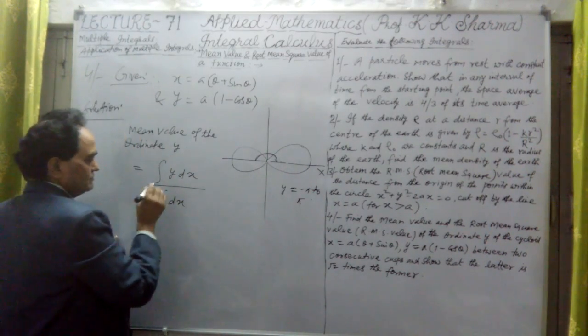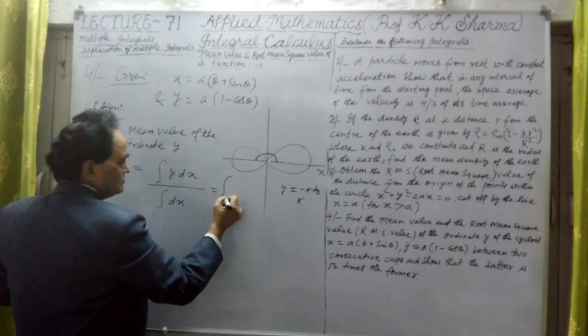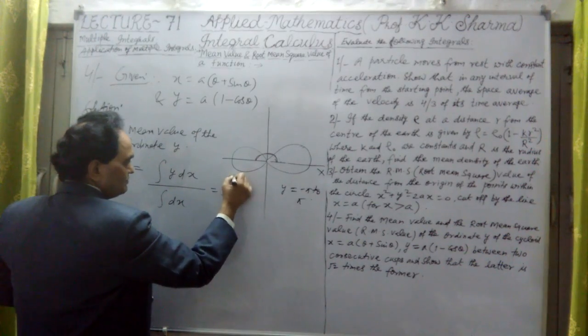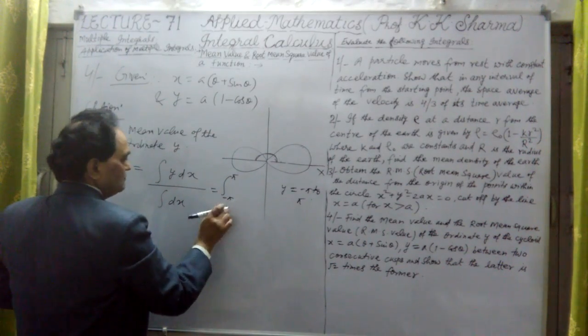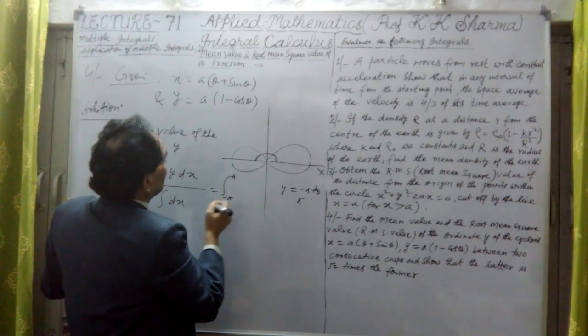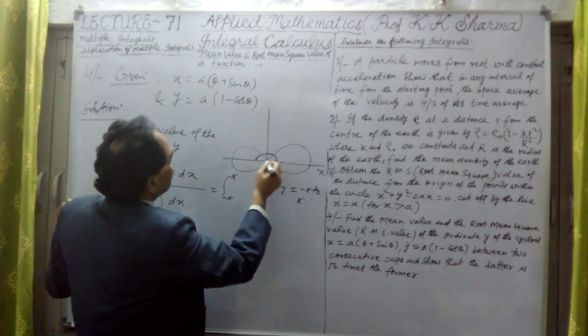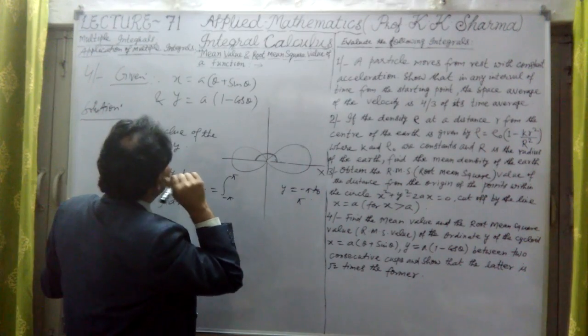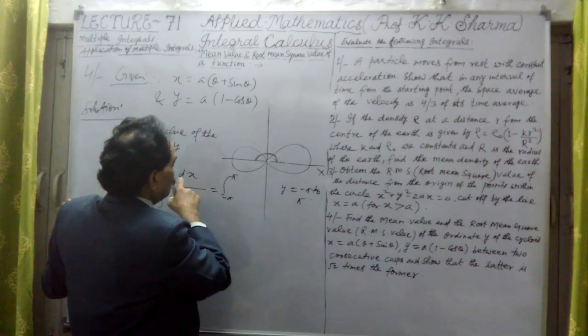Now here the limits are minus pi to plus pi, and the y value is given to us. So we can take theta; this I'm converting into theta.